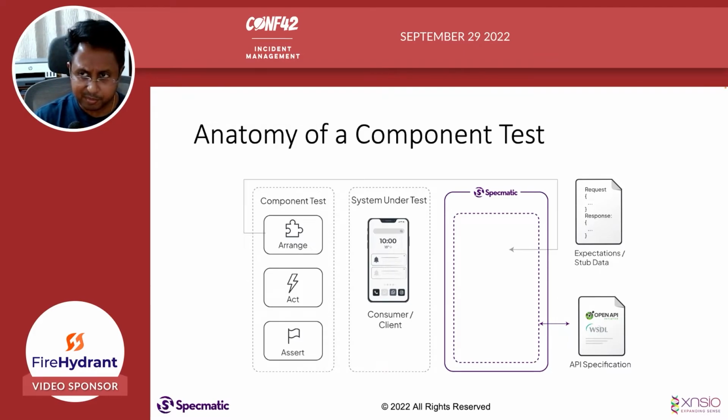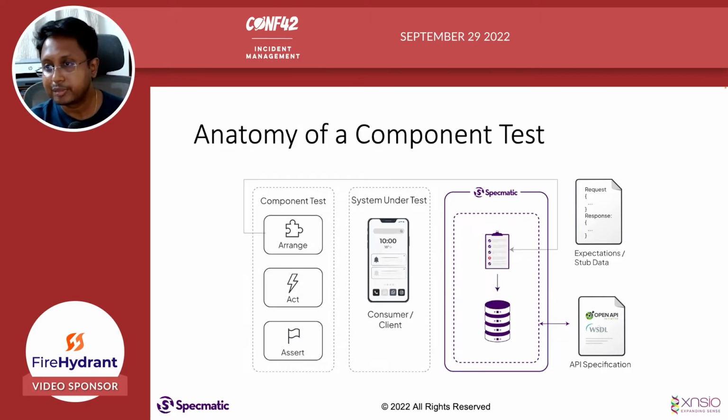You saw how I set up the expectation with a JSON file, but you could also do this over an HTTP endpoint if you want to set it up dynamically at runtime. Now Specmatic thoroughly verifies this expectation against the OpenAPI and only then stores it into its local storage.